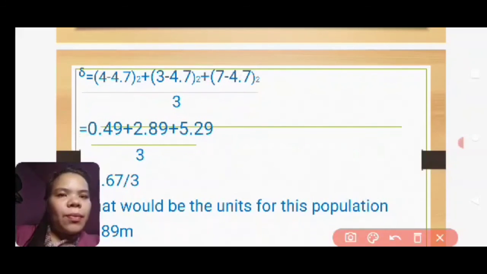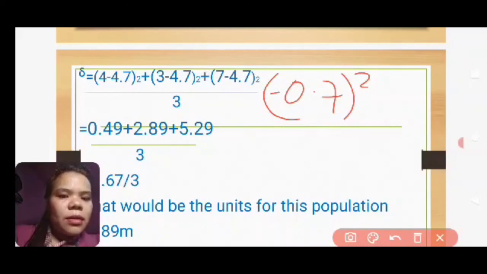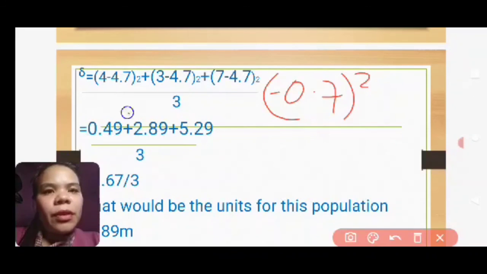So 4 minus 4.7 is equal to negative 0.7, squared. Then negative 0.7 squared is equal to 0.49.